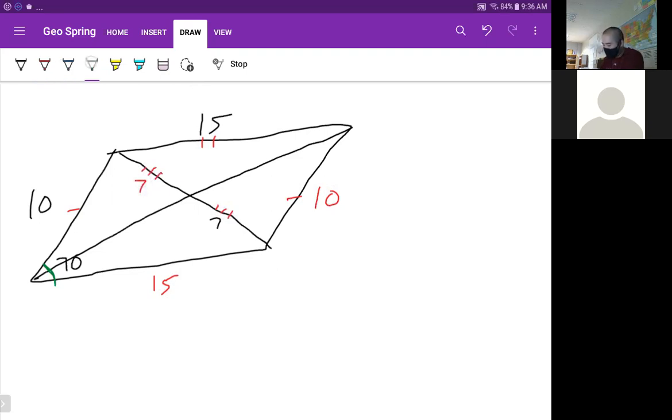Then for the angle, you have 70 over here, so that means this angle is also 70. If that's 70, these two angles add up to 180, so this angle would be 110, which means this angle would also be 110. Based off of that given information, I can figure out everything else. So this is a parallelogram.